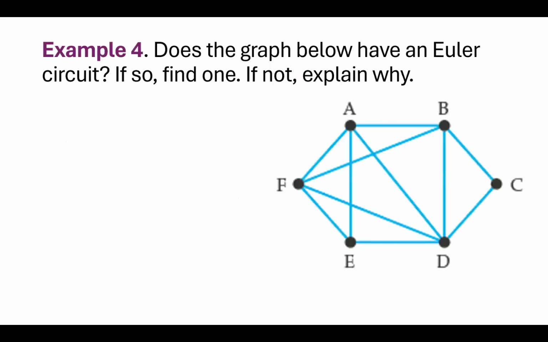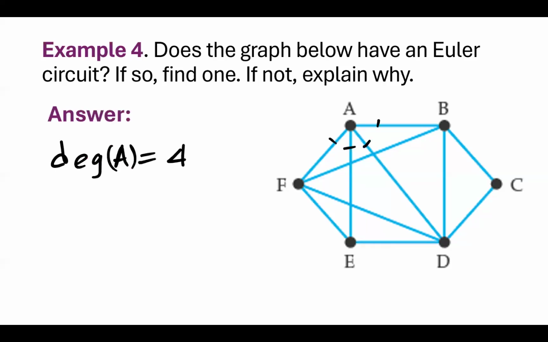For example, if I have this graph and I want to see if there's an Euler circuit, then what I seem to need on each one of these vertices is an even number of edges going into it or coming out of it.